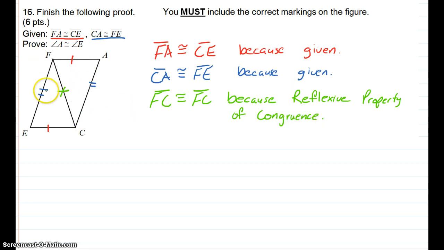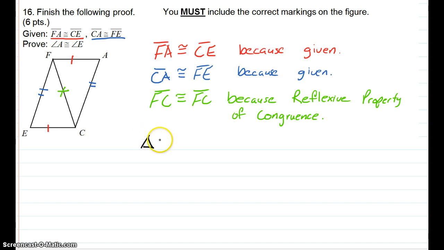So now we've shown that we have a side, and a side. We have our two givens. We use the reflexive property to show that FC is congruent to FC. So now I'm going to be able to say that these two triangles are congruent to each other.